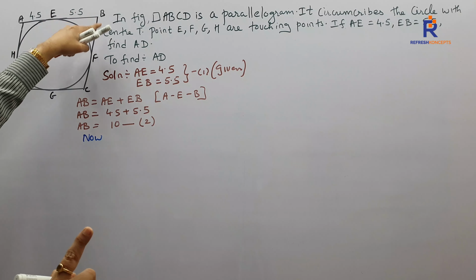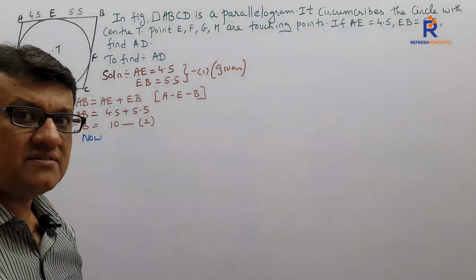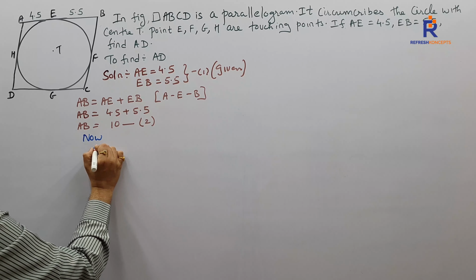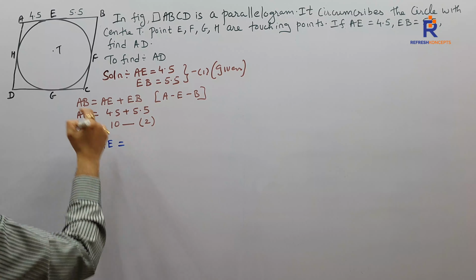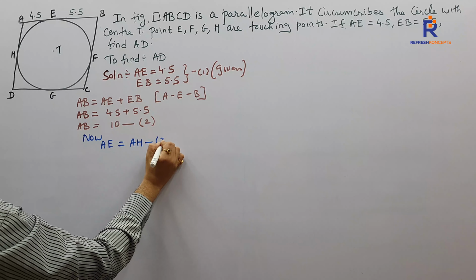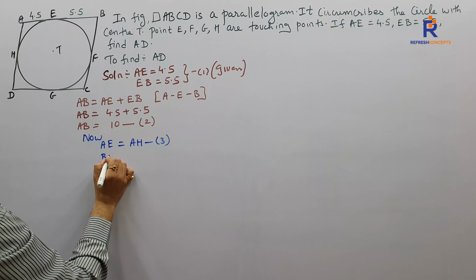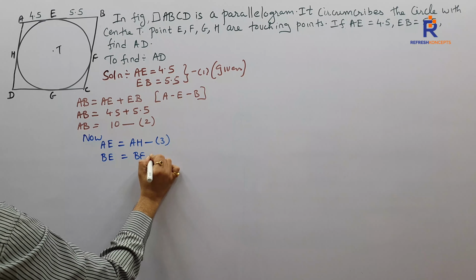So with all four external points, can I apply the length of tangent segment concept? Let's apply. Now AE is equal to AH, equation number 3. Then BE equal to BF, equation number 4.